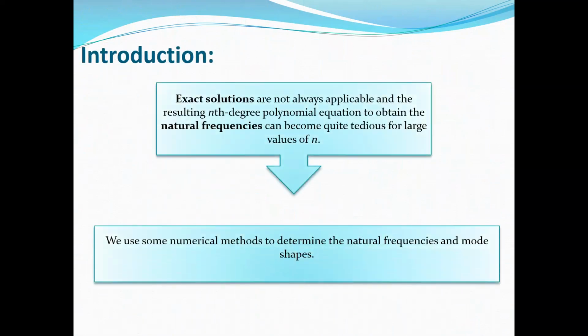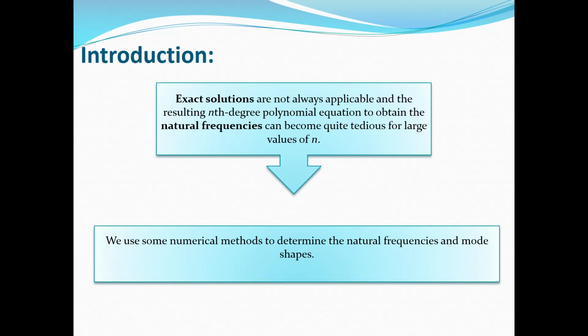Similar to the system with single degree of freedom, in systems with multi-degree of freedom, sometimes it's not possible to obtain an analytical solution for the natural frequencies. You know that the natural frequency and damping ratio are two important parameters that we need for other analyses in our system.